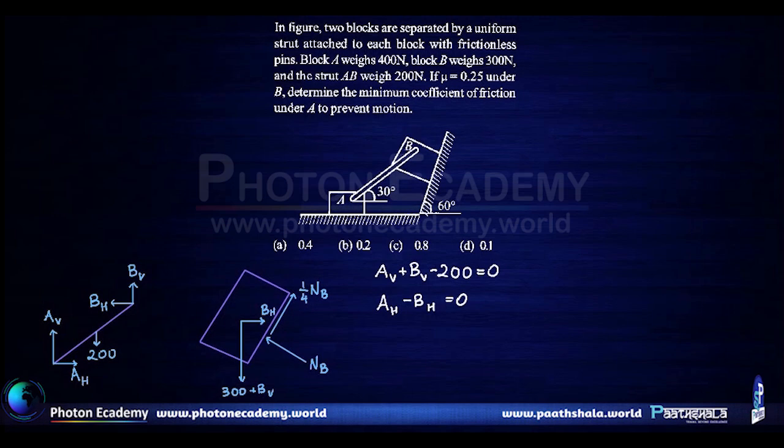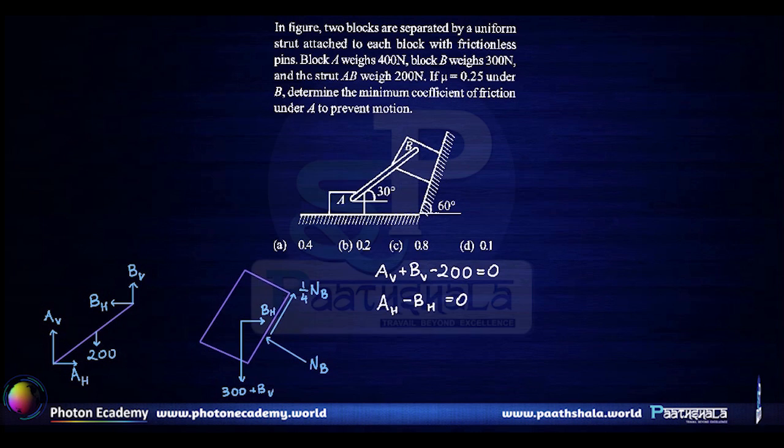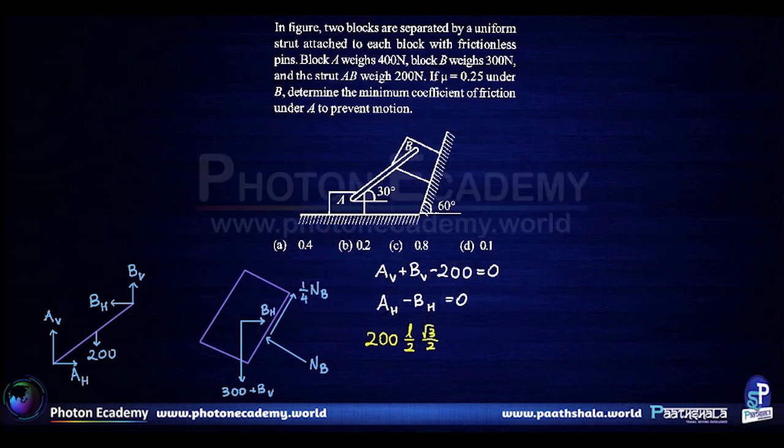Now, what is the torque acting on the strut? Let us say the length of the strut is L, and let's calculate the torque about point A, or rather the point of contact with block A. So that would be 200 into L by 2 into root 3 by 2. This is the torque acting due to gravity.